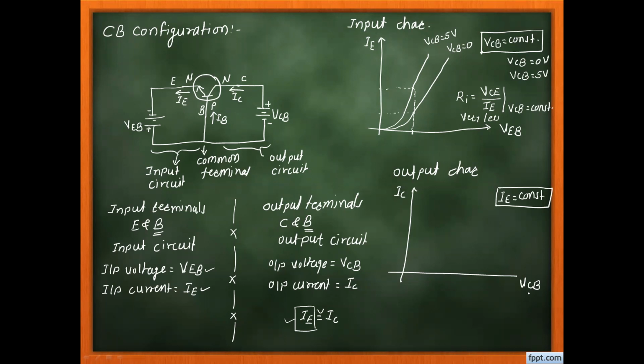And now, if you see that output circuit characteristics is drawn in between that output circuit voltage and that output circuit current. And now, suppose we consider that input circuit current, we have to make it constant. Suppose I consider that IE is equal to 0. आता IE is equal to 0 आहे, म्हणजे काय हो, इमिटर टू बेस ओपन आहे. मग जरी इमिटर टू बेस ओपन जरी असला तरी कलेक्टर टू बेस डायोड हा रिव्हर्स बायस मध्ये कनेक्ट आहे. मग जर तो रिव्हर्स बायस मध्ये कनेक्ट झाला तर ही केस कशासारखी झाली, द PN जंक्शन डायोड कनेक्टेड इन अ रिव्हर्स बायस.